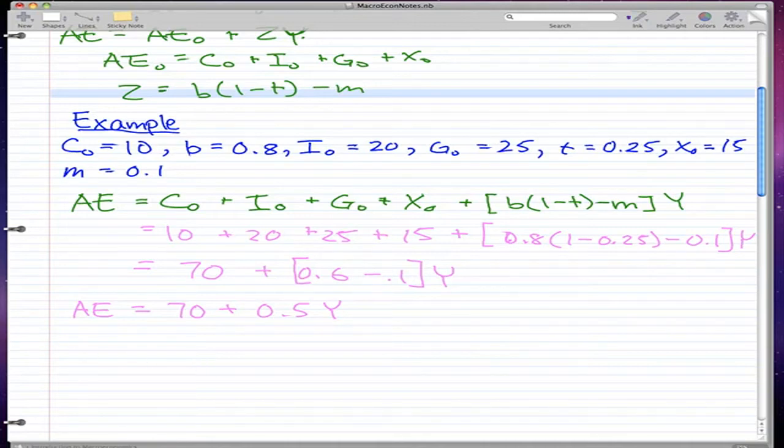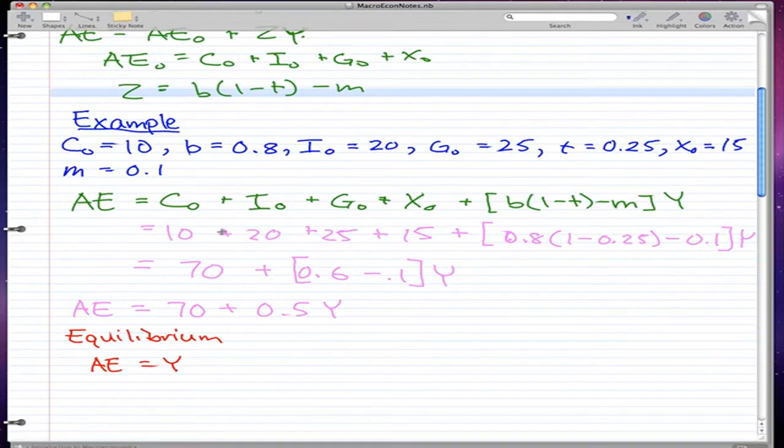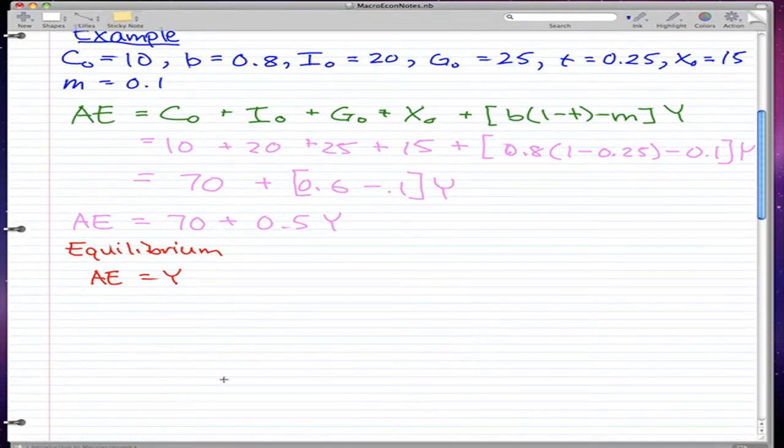Now you should know that we're not done yet. We still have equilibrium to take care of. And we know that in equilibrium, AE is equal to Y. So we have AE equals Y. And you know the process. You know what to do. We already found AE.